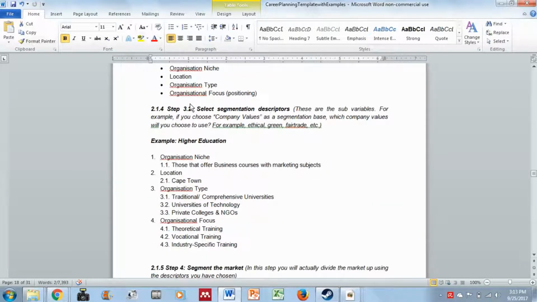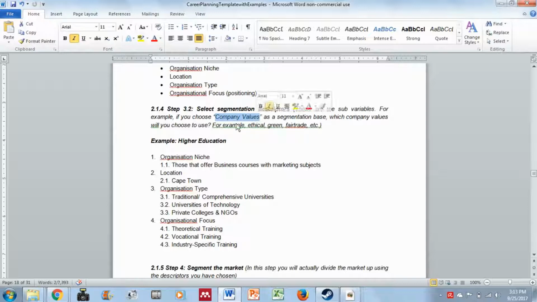Right. So then you select the segmentation descriptors, the sub-variables. So for me, in terms of organizational niche, here I give an example. For example, if you choose company values as segmentation basis, which company values will you choose to use? For example, are you looking for a company that values ethical trading, going green, fair trade, gender equality?